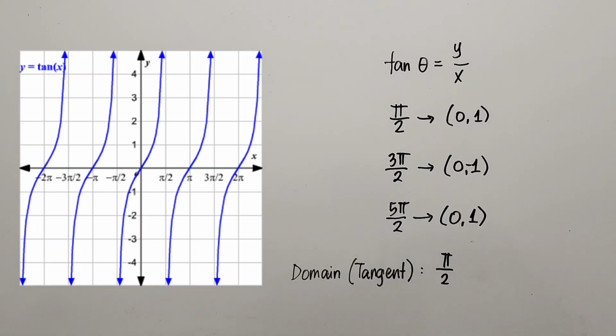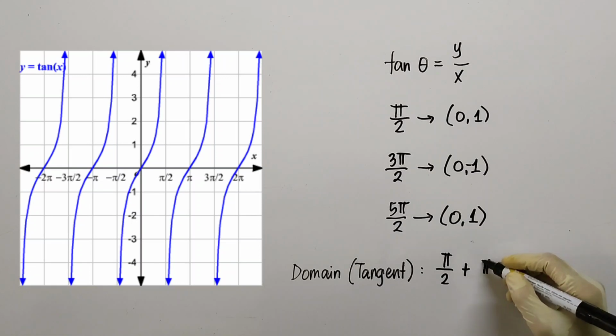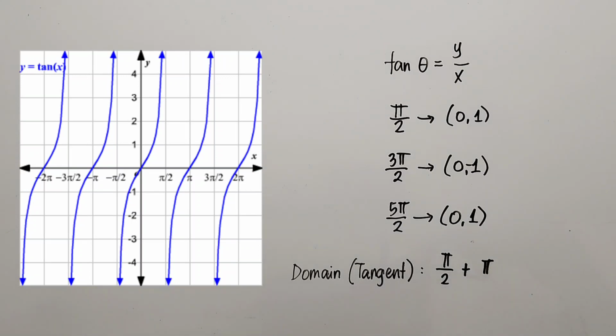From this pi over 2, we will simply add another pi, resulting in 3 pi over 2, another undefined point. So from this initial point, we will always add some multiple of pi so that we can have another undefined point. After that, we can add 2 pi, 3 pi, and 4 pi.